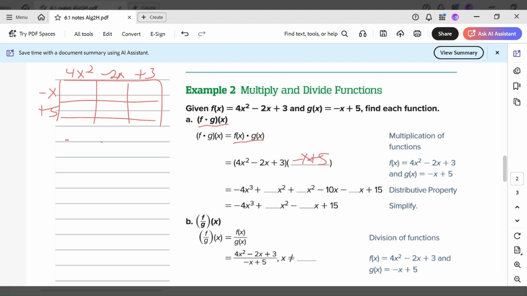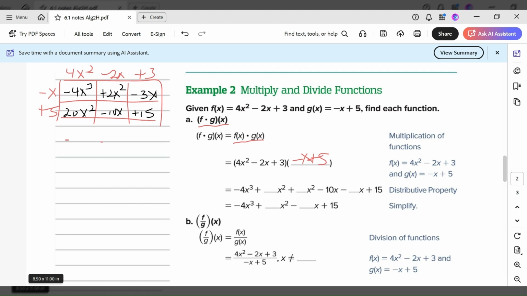So when we multiply in, remember we're multiplying diagonally for our pieces. So we're saying negative x times the 4, that's negative 4x cubed. Negative x times negative 2 makes it positive 2x squared. Negative x times 3 is negative 3x. 5 times the 4 is 20x squared. 5 times the negative 2 is negative 10x. And 5 times the 3 is our 15.